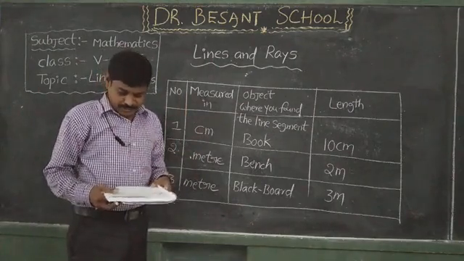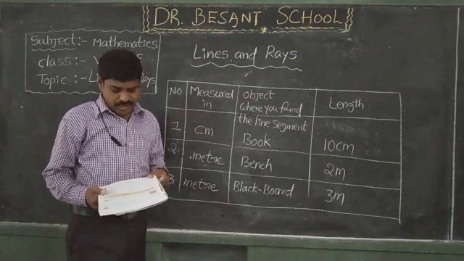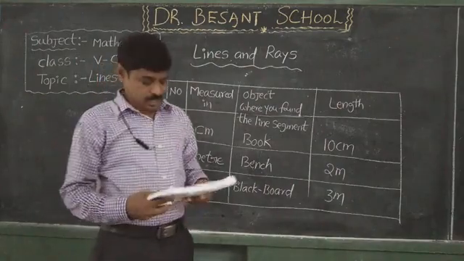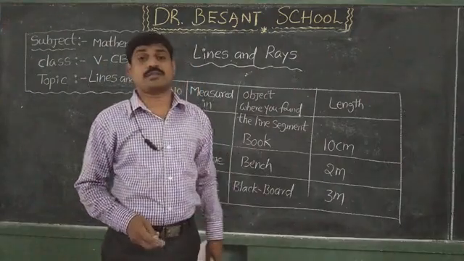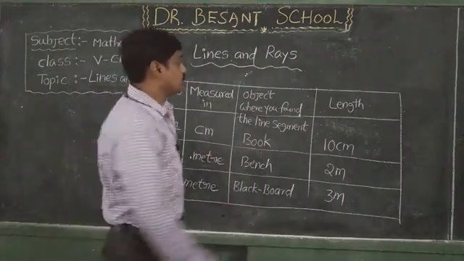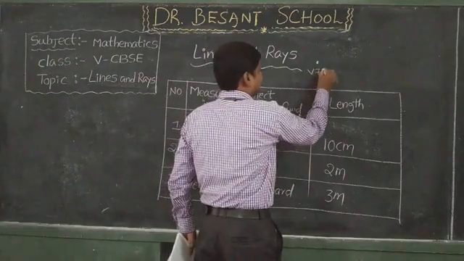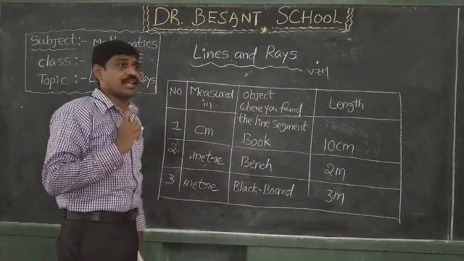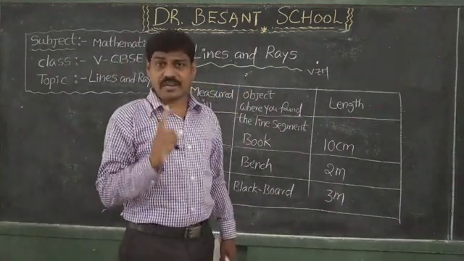Think of a line segment which should be measured in kilometers. Observe here: what is the definition of a line segment? A line segment is a part of a line.